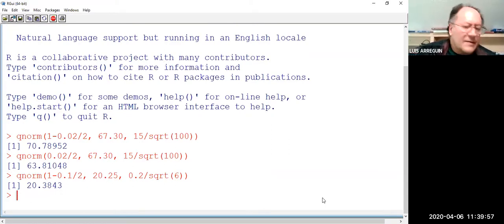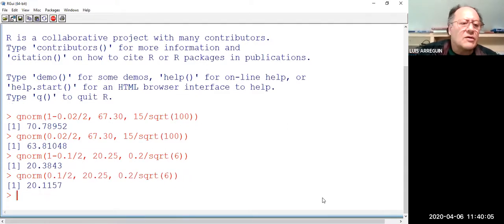So we get 20.3843. We repeat the command and we remove the 1 minus, and we get the lower limit, which is 20.1157. That's the result of using our R console.